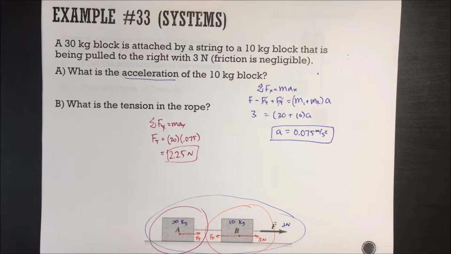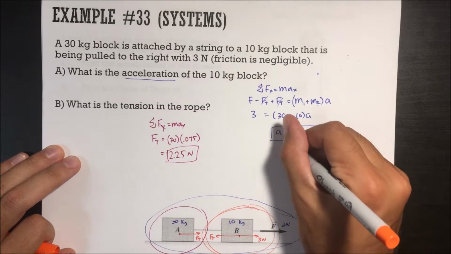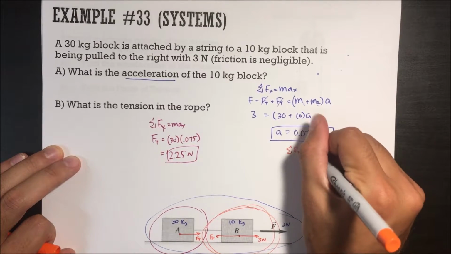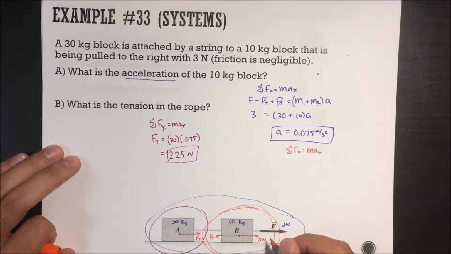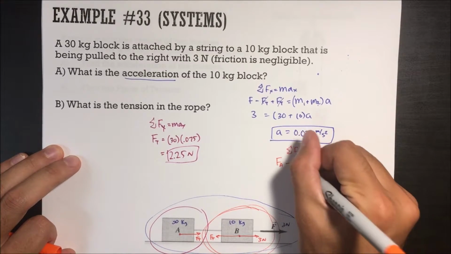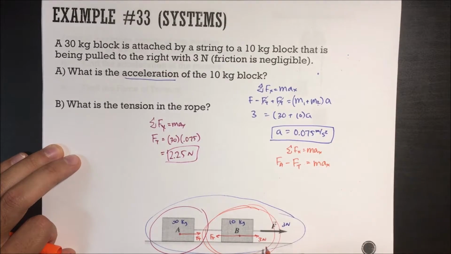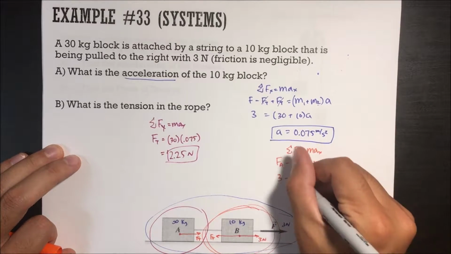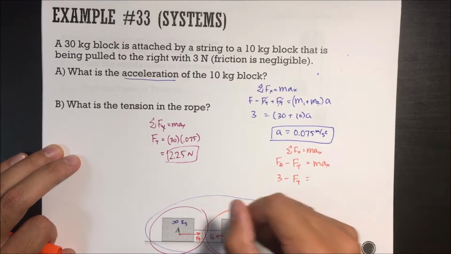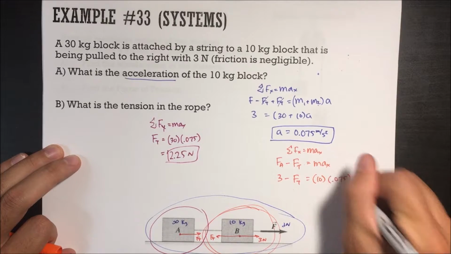You're going to get the same answer if you did it with this box here. Sum of all forces in the x equals mass times acceleration in x. We have two forces now, though. We have the force applied minus the force of tension, going that way, is equal to the mass times acceleration in x. Force applied is 3. Force of tension is what we're looking for. The mass of this box is 10, and the acceleration is 0.075.